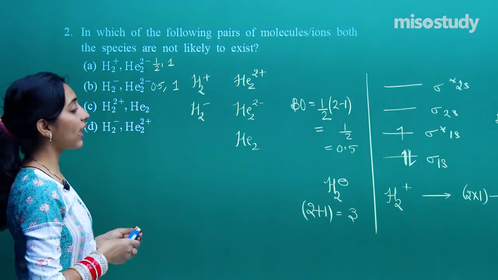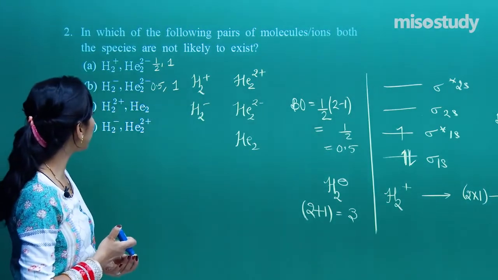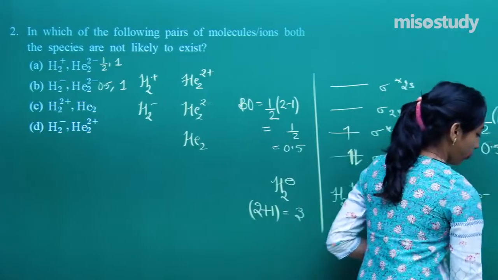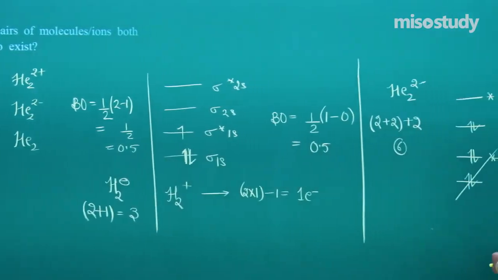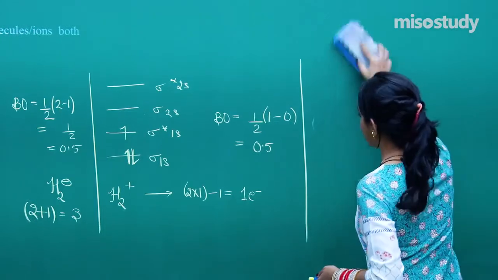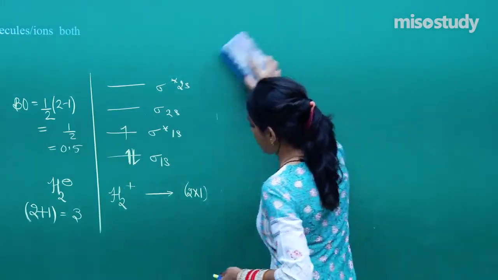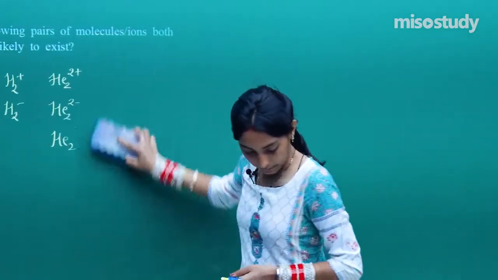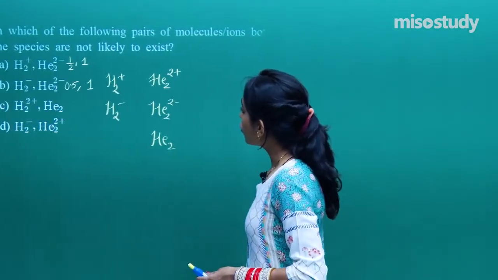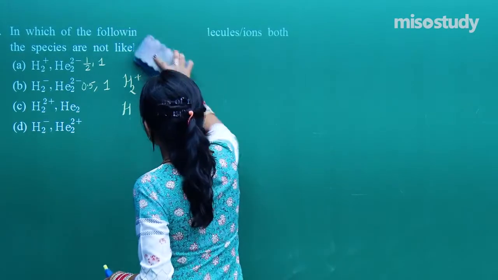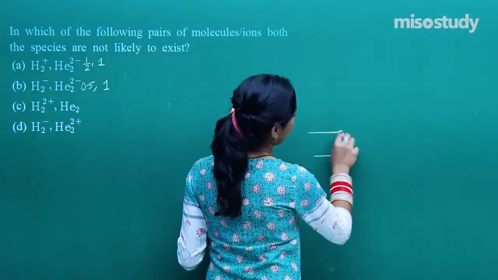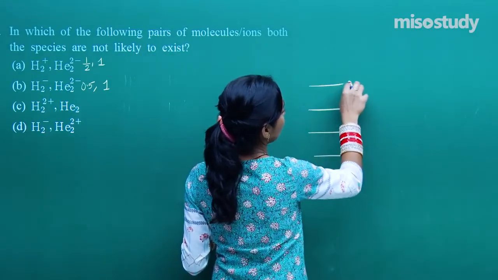Now let us once again do the calculation for H2 positive. Let me just clear the board, then I'll continue. Moving on, for H2 with a positive sign: sigma 1s, sigma star, sigma 2s, sigma star.